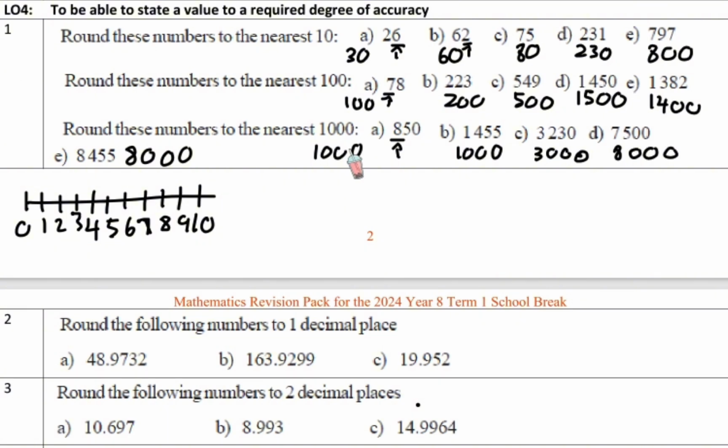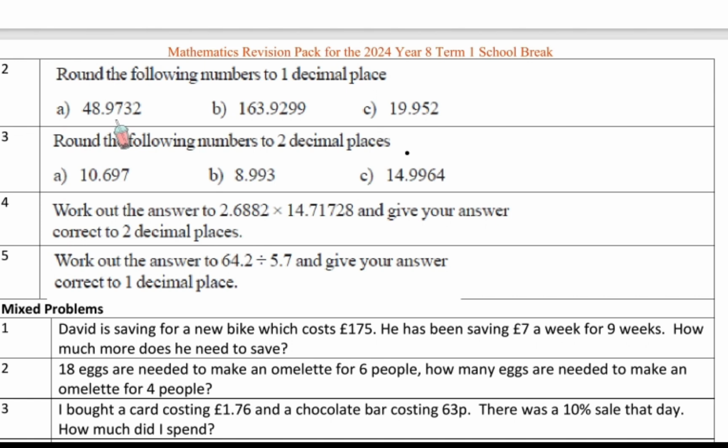Question 2. Round the following numbers to one decimal place. To round the numbers to one decimal place, we have to look at the numbers in the hundredth position. So we will need to take 7 as an example. 7 is closer to 10, so this will be 49.0 because it's still requesting one decimal place.